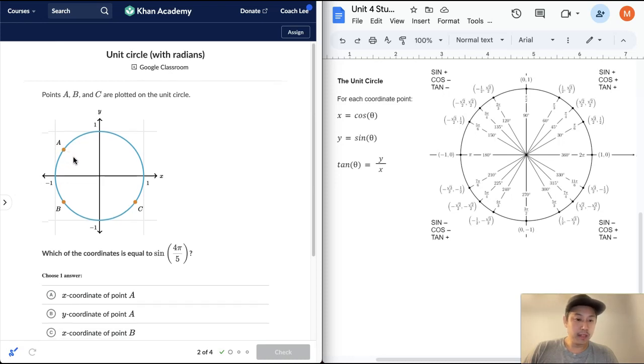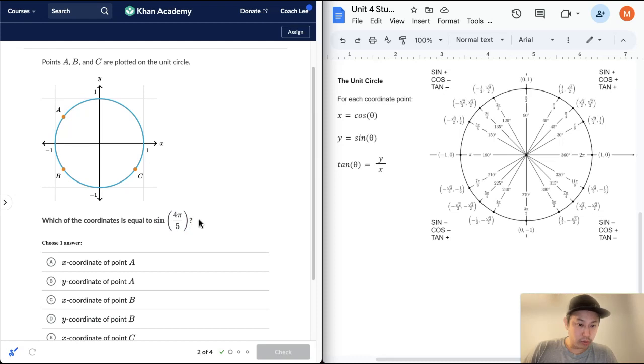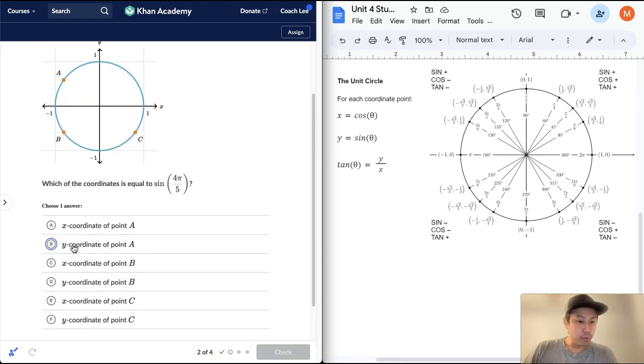So point A has the position of the 4 pi over 5 angle in radians, a little bit before your pi radian measure. Okay, so A is the position, and they wanted the sine of that angle, so we just need the y-coordinate of point A.